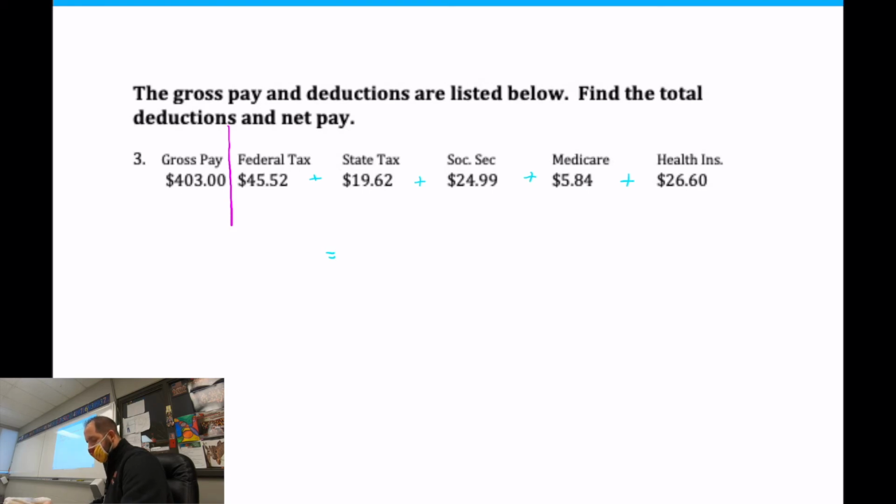What number are we getting when we add up the federal tax, state tax, Social Security, Medicare, and health insurance? What do you get when you add those numbers? $122.57. Okay, so that's what we're getting when we add those numbers up.